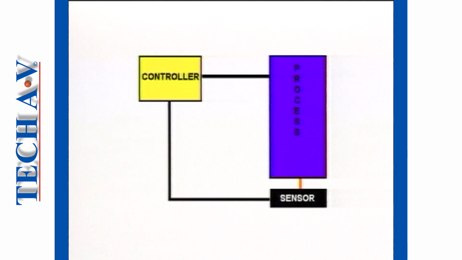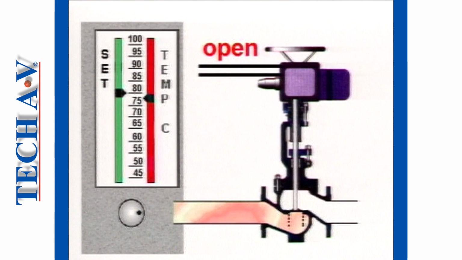PID controllers are examples of feedback systems, as each control unit depends upon a sensor, sending back information to a control device. Only then can the device analyze the signal and then send the necessary modified signal along to the final control element, which was the valve's actuator in our illustration.